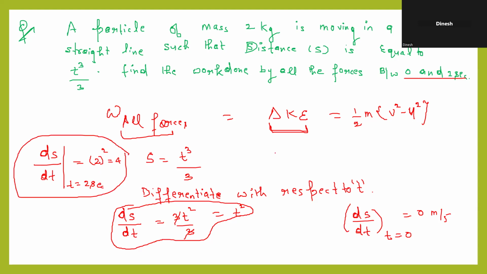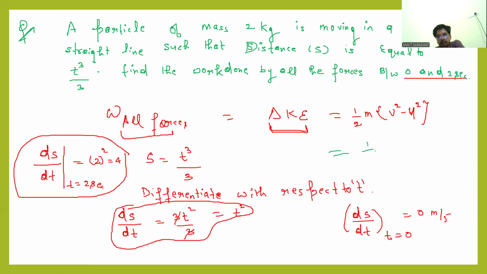So what is the work done by all the forces? It will be half, mass is 2 kg, into v square minus u square. So the answer will be 16 joule.